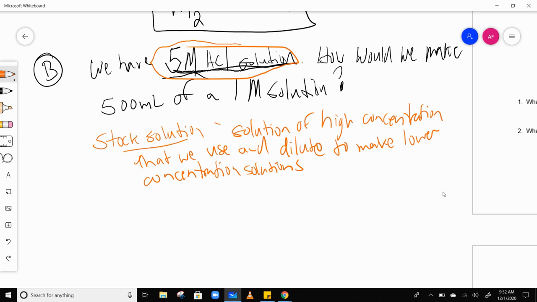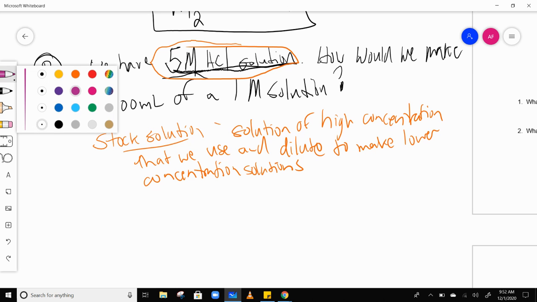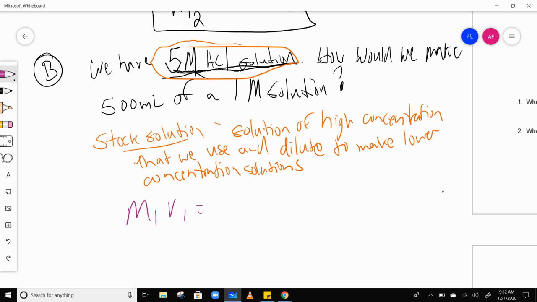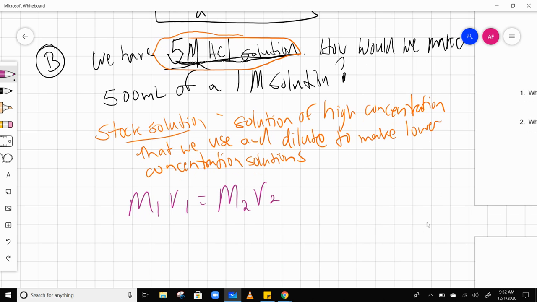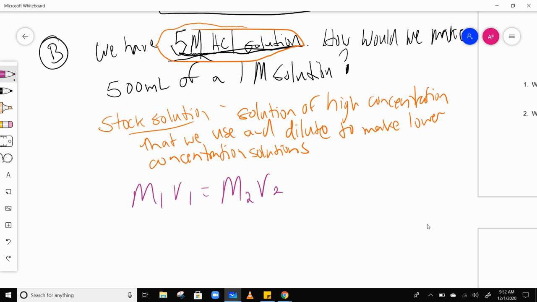So again, we still use M1V1 equals M2V2. In this case, our initial molarity is our stock solution, our 5 molar. We don't know what volume of it we're going to need.